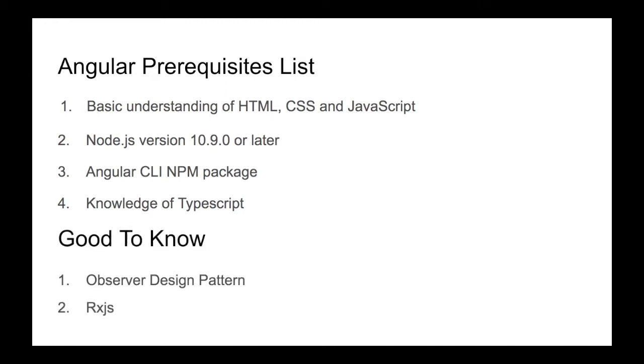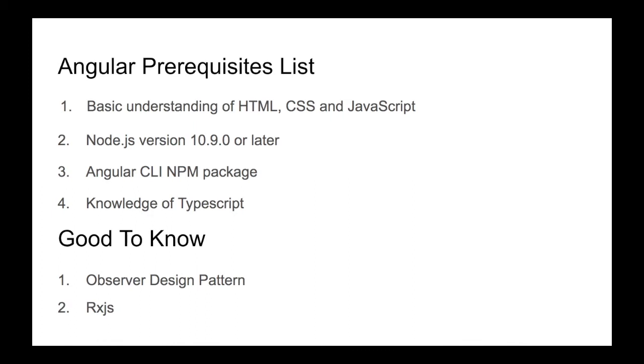It would also be very good if you knew these two things, observer design pattern and RxJS. But it's okay if you don't know them; you can always learn later. Why do you need this? Because there is one library which is used all across the Angular framework, that is RxJS, which I have mentioned as the second point, right?